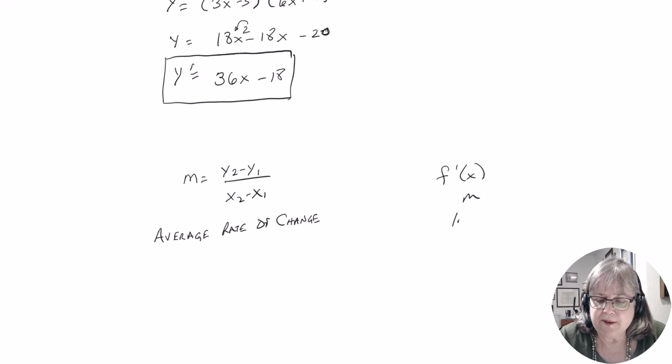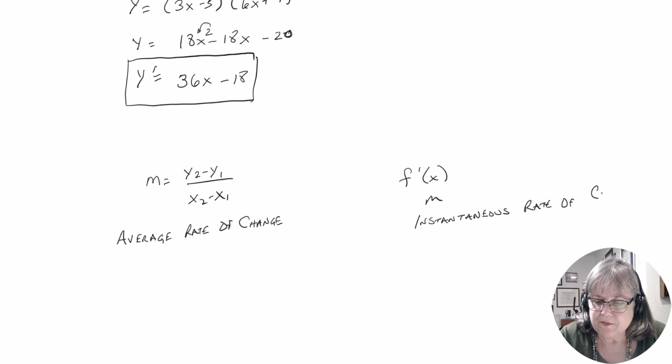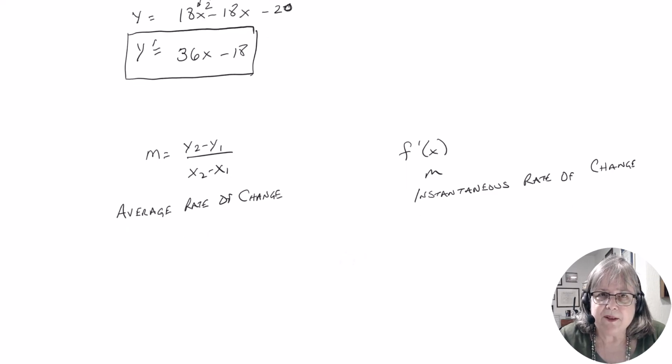If they want the instantaneous rate of change, then they want the derivative. Okay, because the derivative is the slope at any point along the graph, right?